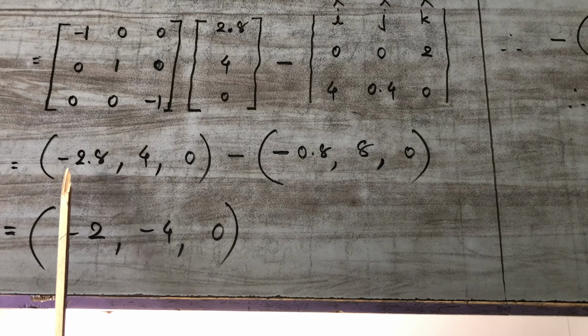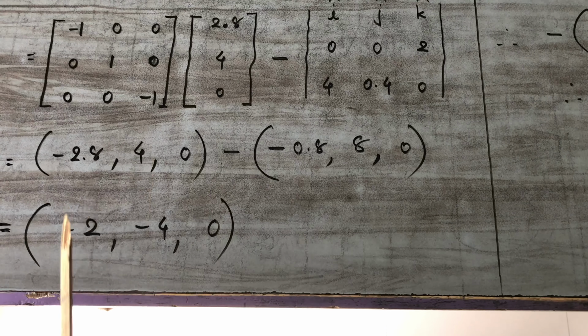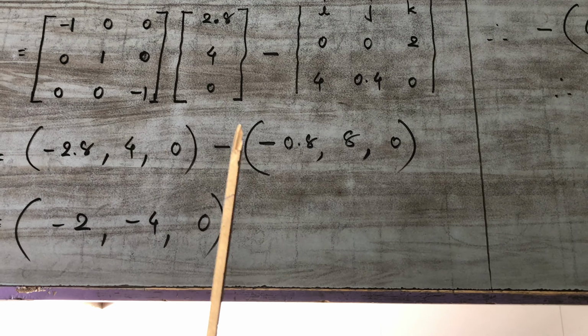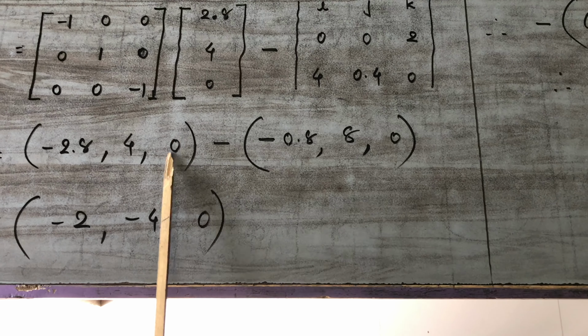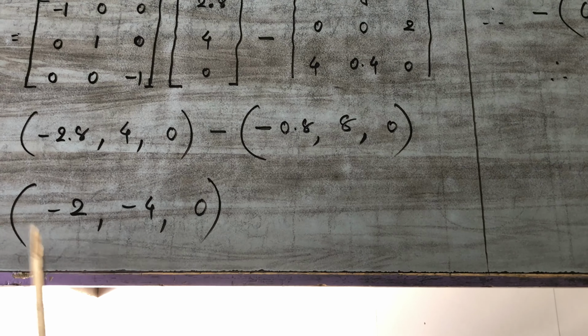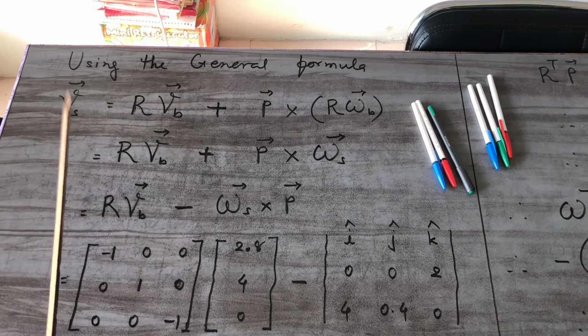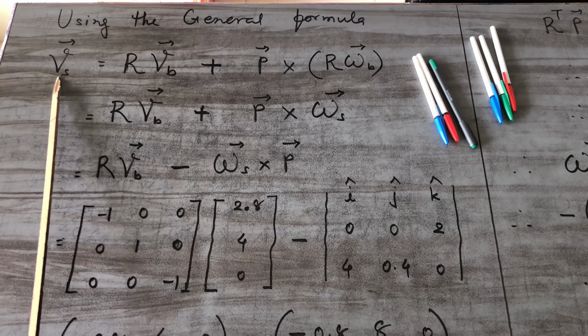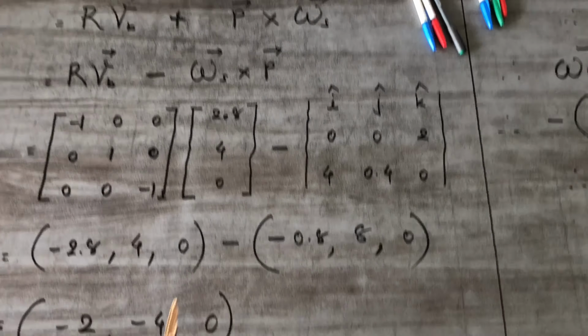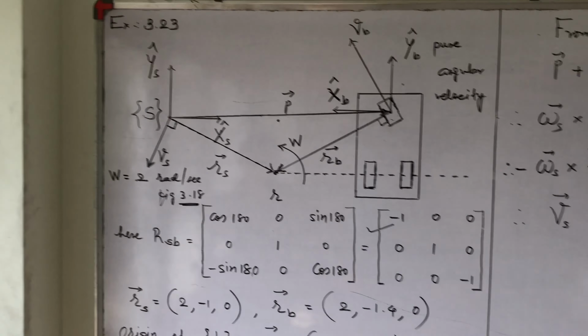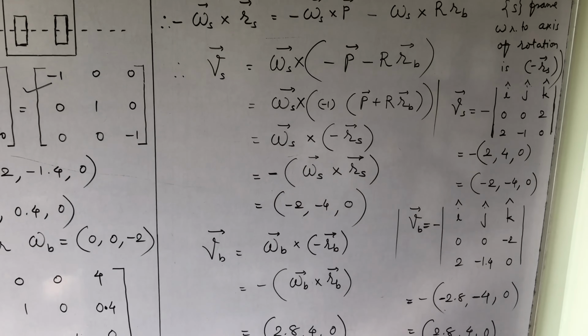So finally minus 2.8 plus 0.8, so minus 2. 4 minus 8, that is minus 4, and 0 minus 0 is 0. So this is the Vs, velocity of body frame origin expressed in S frame, -2, -4, 0. See here this velocity, and it is this, -2, -4, 0.